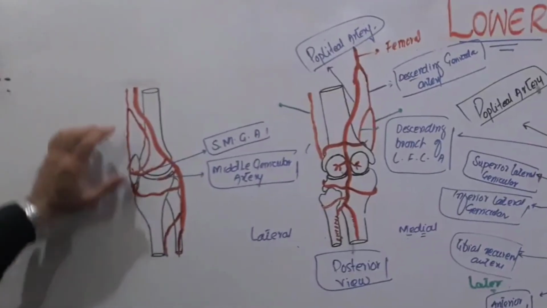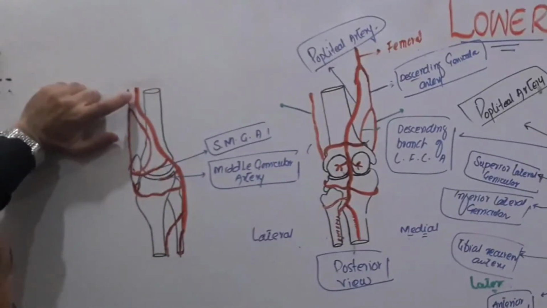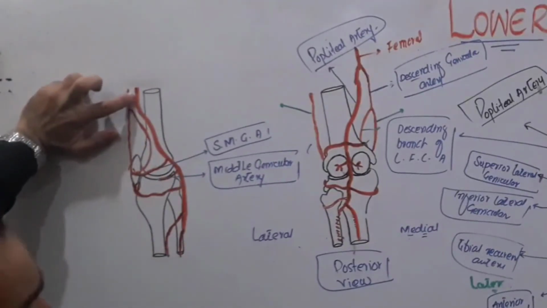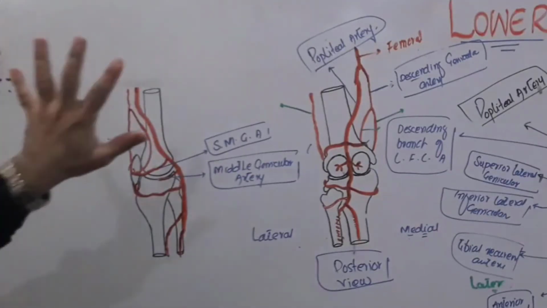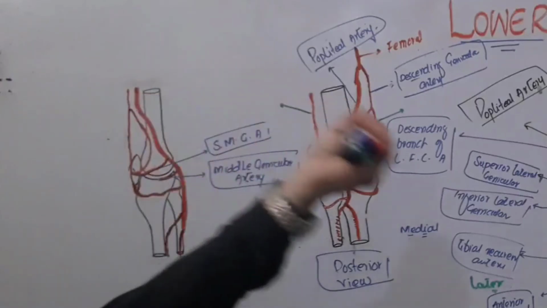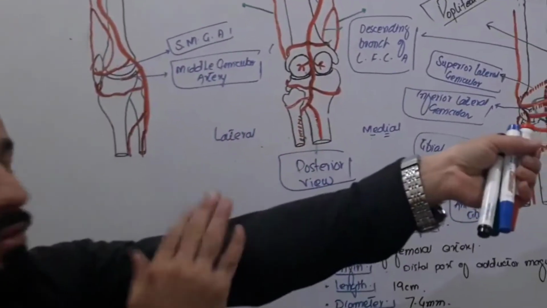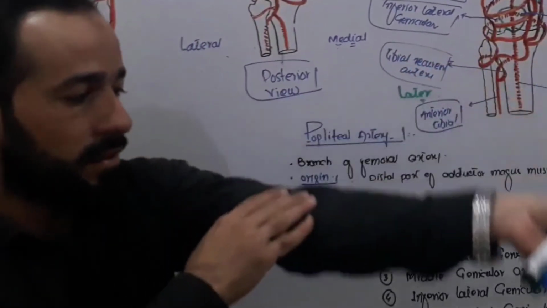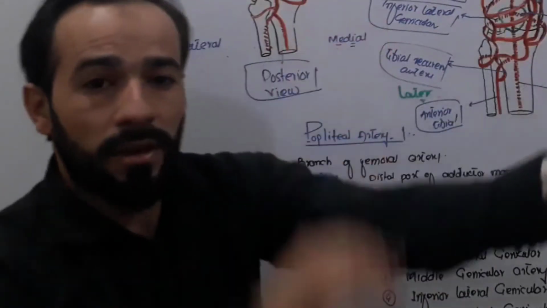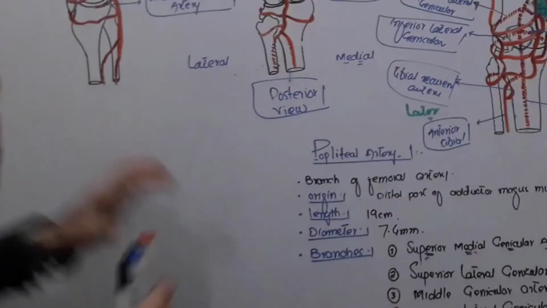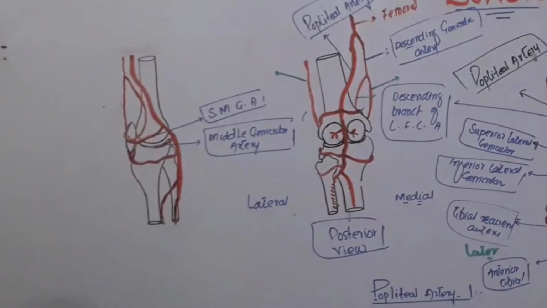Then let's come here. What is this, friends? This artery is our popliteal artery. This is our descending genicular artery. We are looking from the lateral view, right? This was the anterior. I'm sorry, this is not the knee, but let us consider it. This is the anterior, posterior, and now we are looking from the medial side, right? So this is our medial view.